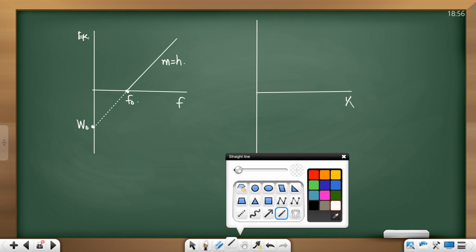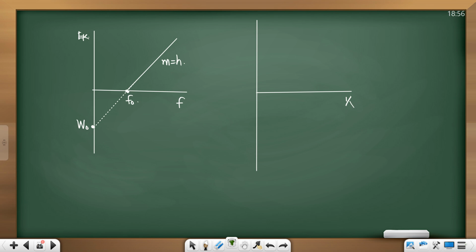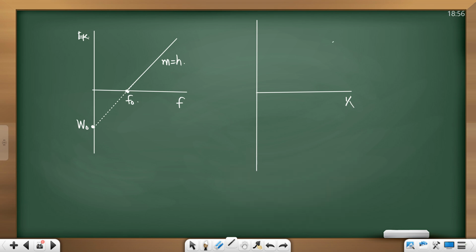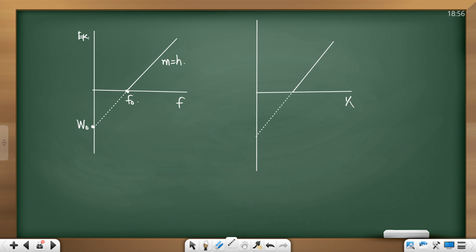The graph remains absolutely the same because we know the relationship between frequency and wavelength. We can just change the representation. This one will still be our work function. This is 1 over threshold wavelength, and this is EK.